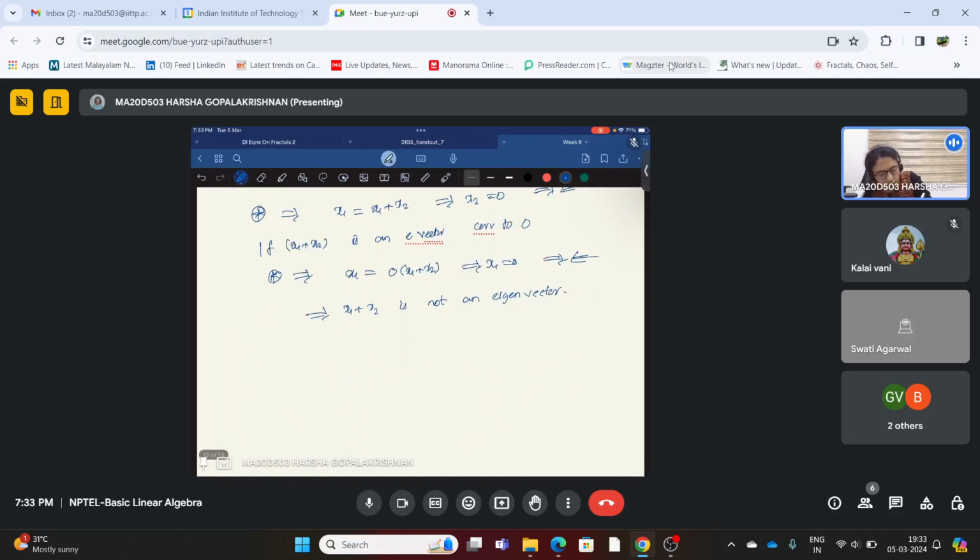Okay, now we have the next question. If lambda 1 and lambda 2 are eigenvalues, then lambda 1 plus lambda 2 is also an eigenvalue. Is this true or false?